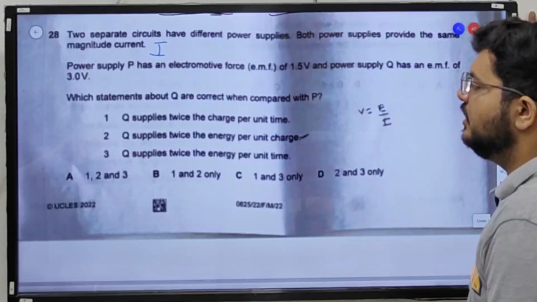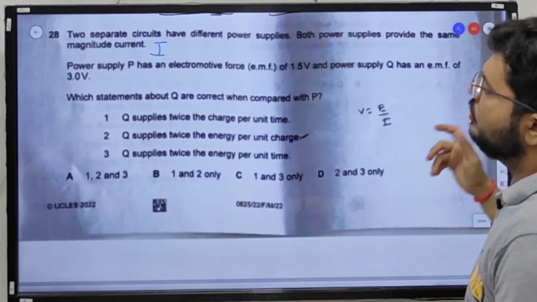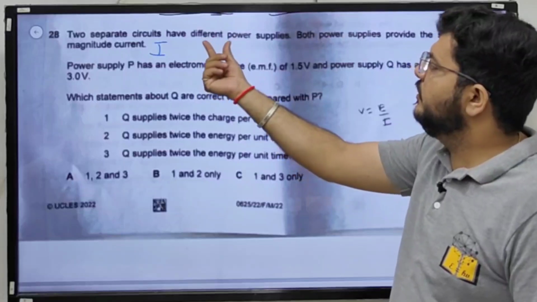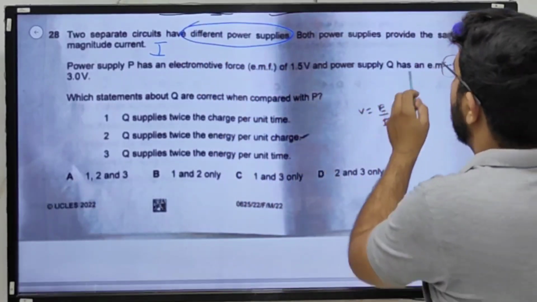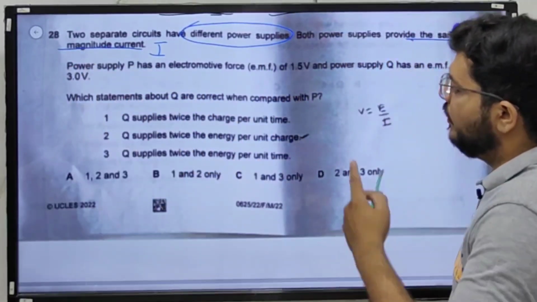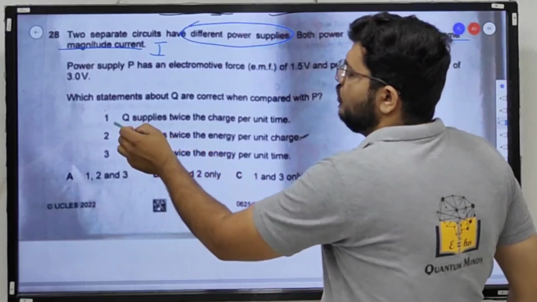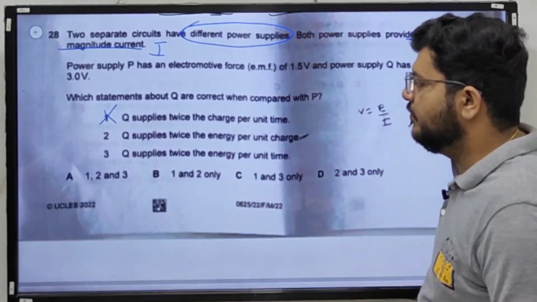Q supplies twice the charge per unit time. Now we don't know that because they have different power supplies, right? And they have the same magnitude of current. If they have the same magnitude of current, twice the charge per unit time? No, not possible, right? Current is charge per unit time, and that's the same.